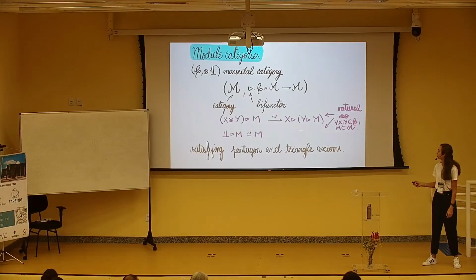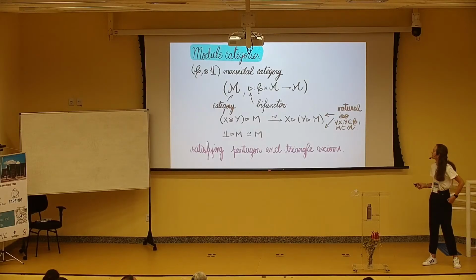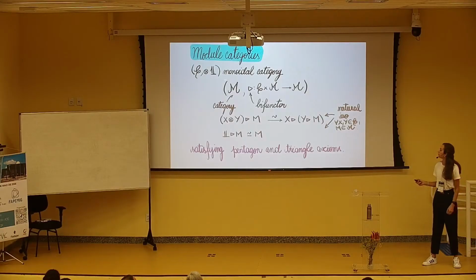So these should be natural isomorphisms for X and Y in C and M in M, and the unit as well. And of course these should satisfy the pentagon and triangle axioms. So we want to put three objects acting and then associate, and these have to be compatible, okay? So this is what a module category over a monoidal category is.